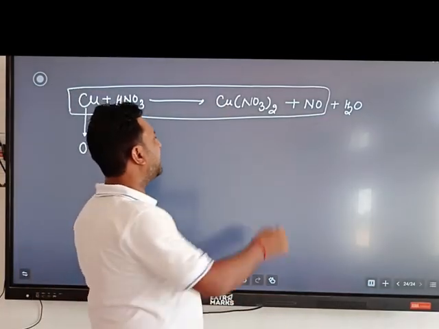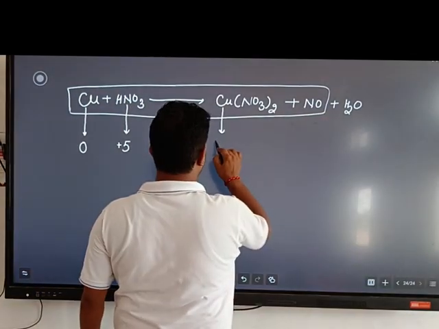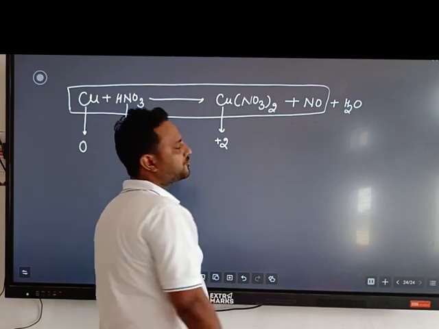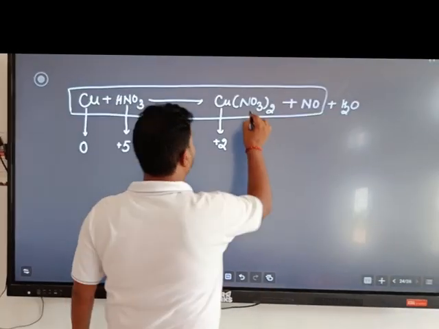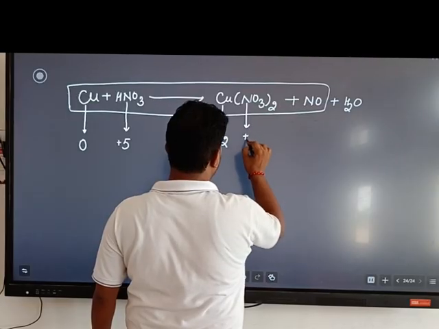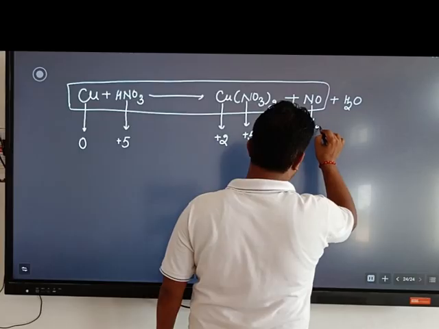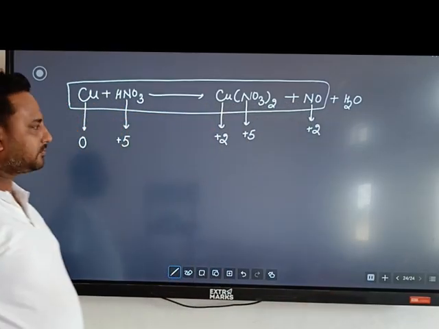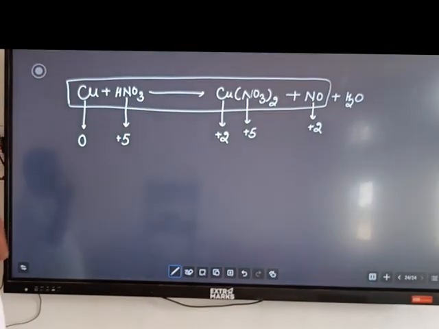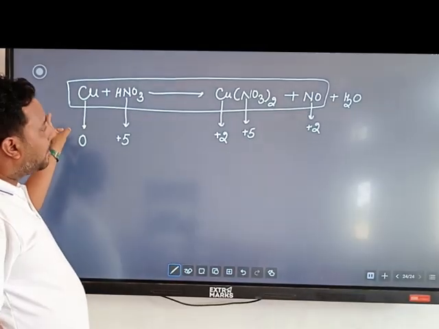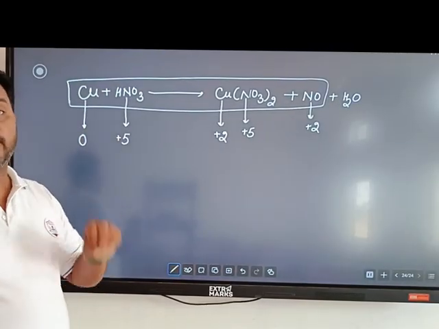Now in cupric nitrate copper has the oxidation number of plus 2. In nitrate nitrogen again has the oxidation number of plus 5, and in nitric oxide nitrogen has the oxidation number of plus 2. So in this reaction we are going to categorize 2 redox.